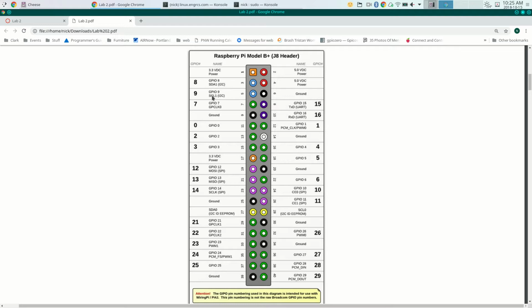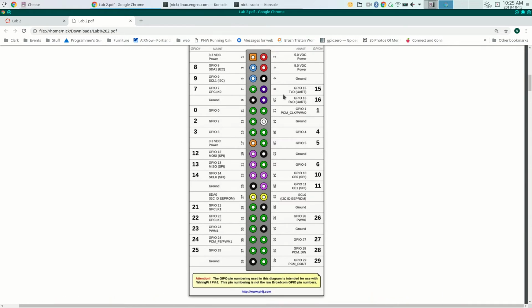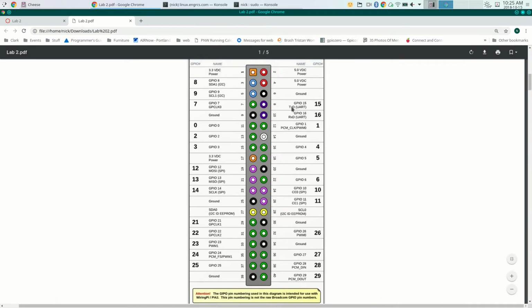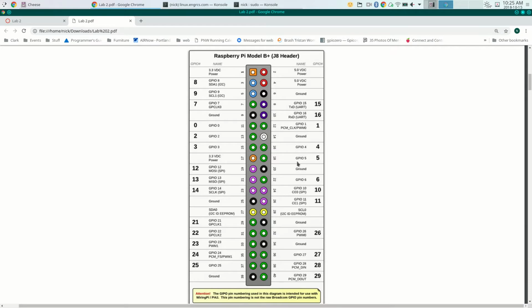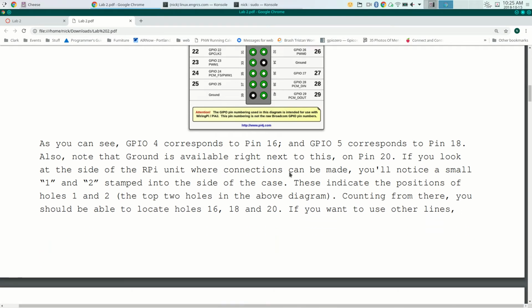It's another serial protocol. There's ways to do terminal communications through a serial link. And pulse width modulation, everyone's favorite, right? Pulse width modulation 0 is down here. But mostly we're going to just deal with the GPIOs. So GPIO 4 corresponds to pin 16, et cetera, et cetera. That's what I just said.